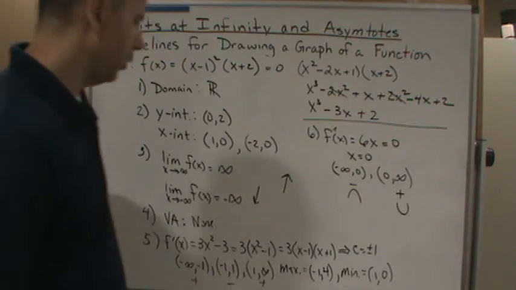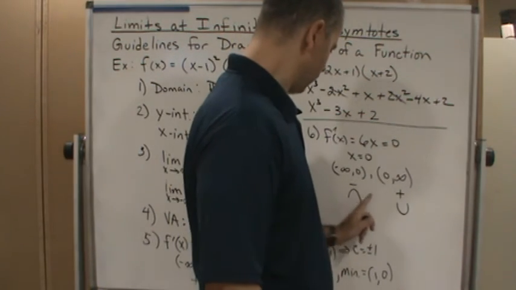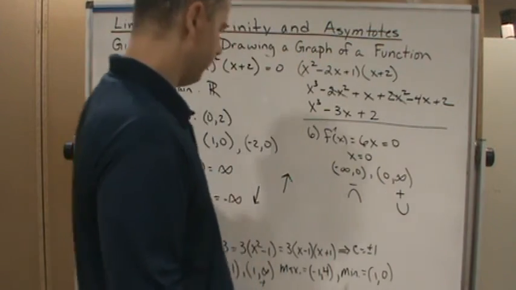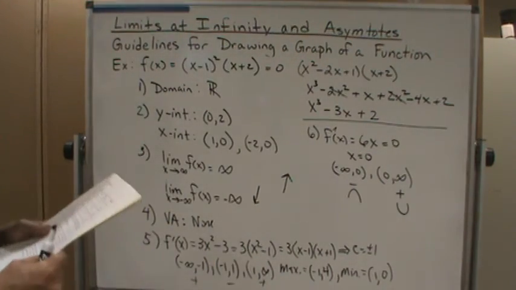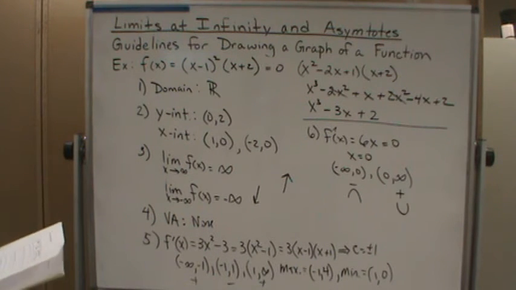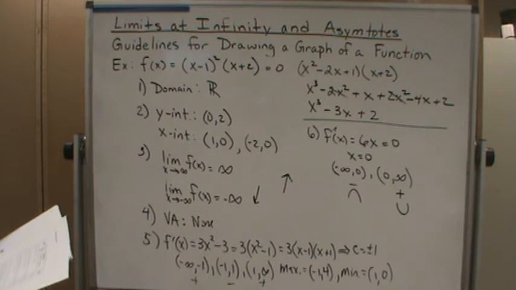Oh, so since it goes from concave down to concave up, that means 0 is an inflection point. Okay, so now we can graph this thing. With all the information we have, we can graph it.